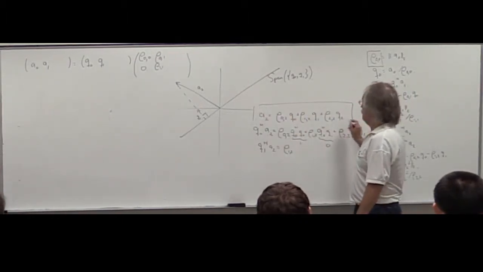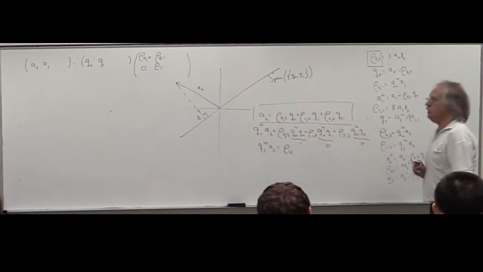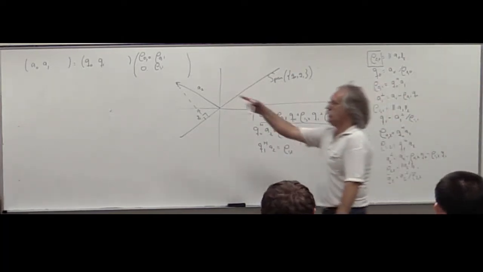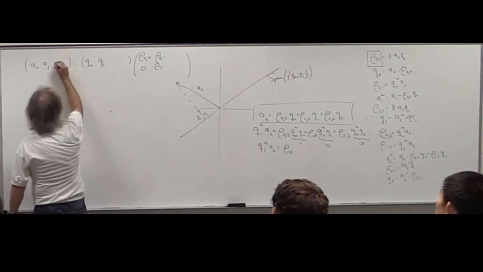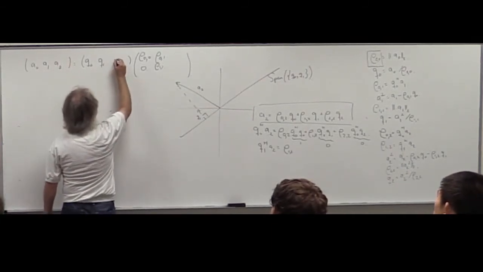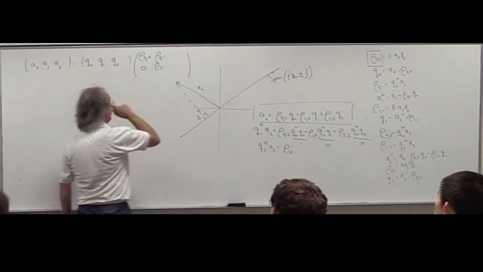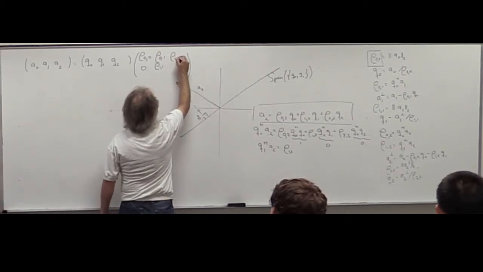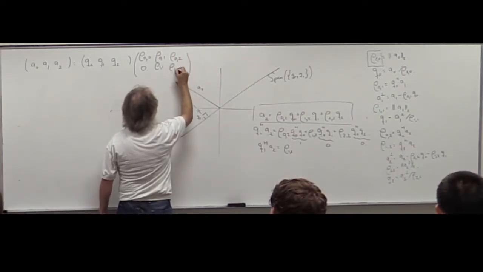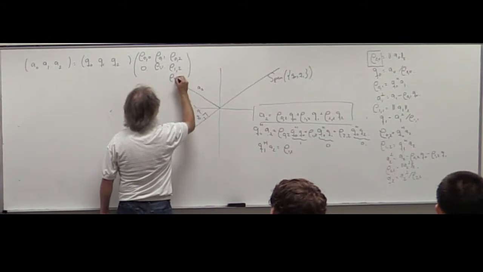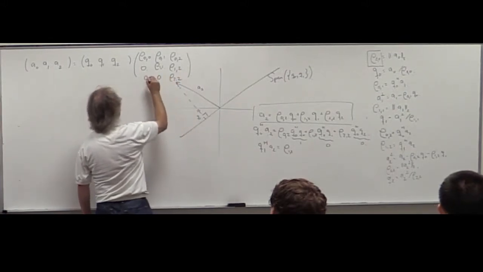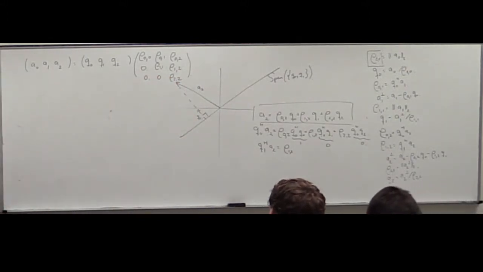This right here, we can express by adding A2 as another component, Q2 as another column, and those coefficients into our matrix right there.